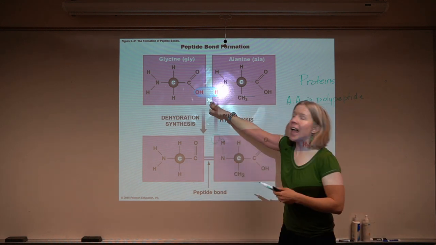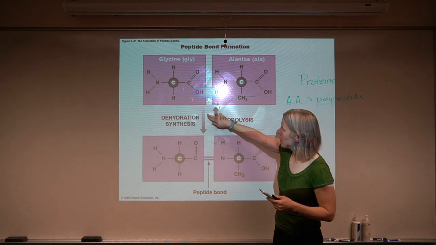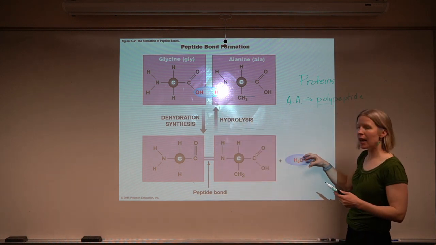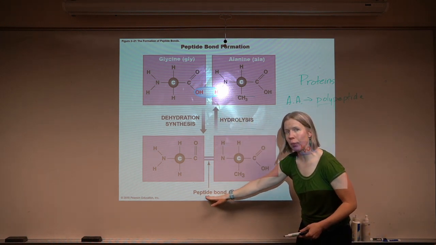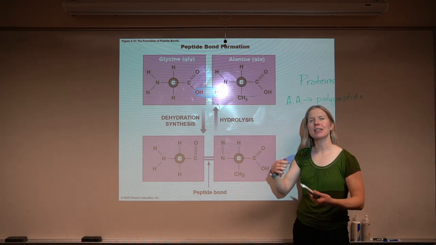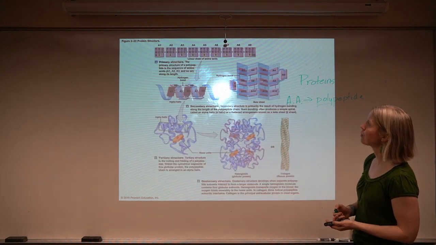Okay? Once again, the way that we actually put amino acids together is through a dehydration synthesis. We see that water molecule getting pulled out to the side here and a bond forming, right? If you want to break that bond, you use hydrolysis and you can split those individual amino acids apart.